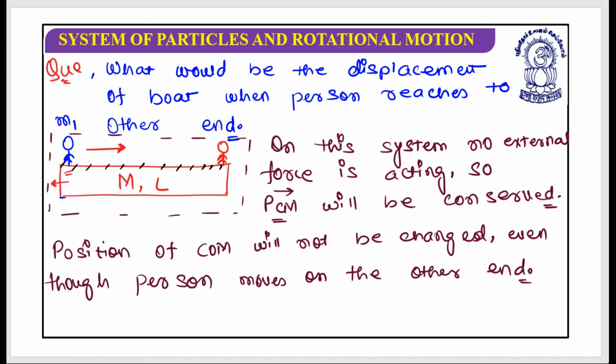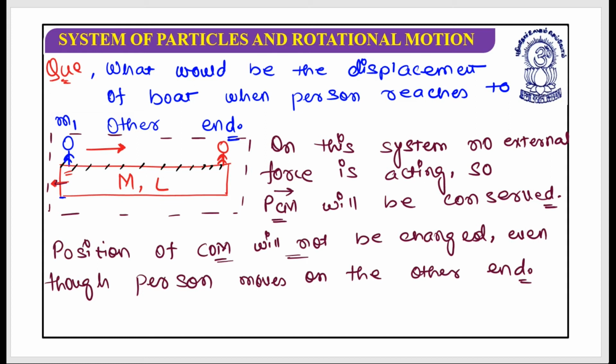So if the person wants to move to the other end, the boat needs to displace in the negative x direction, so that the position of the center of mass is not going to be changed. I hope this is clear. This is the pure logical aspect of this concept.